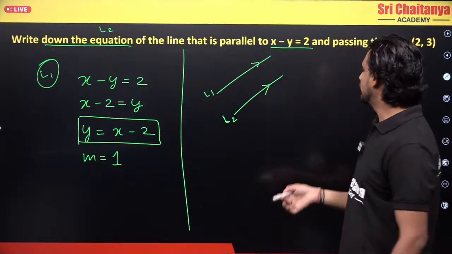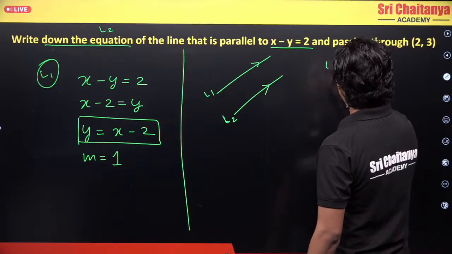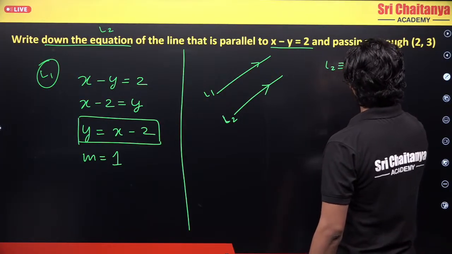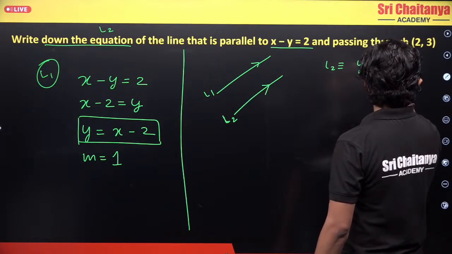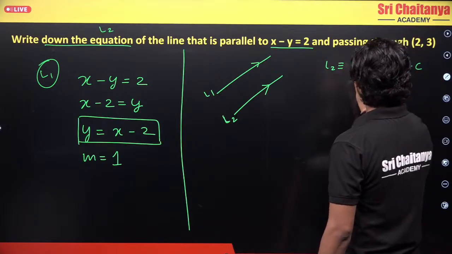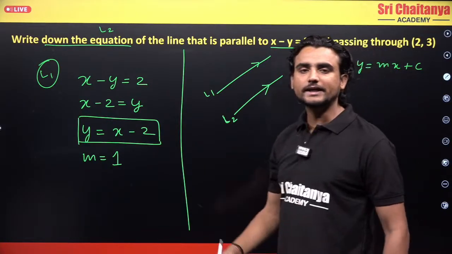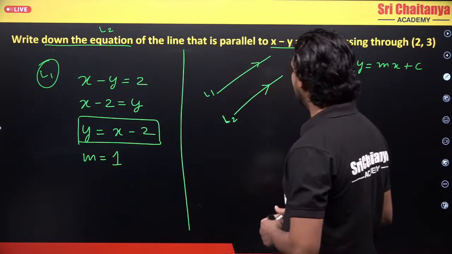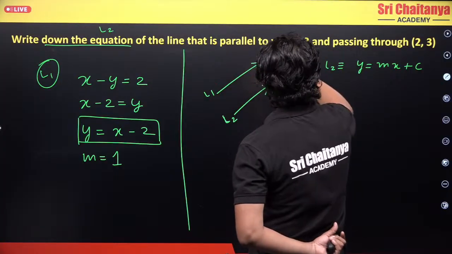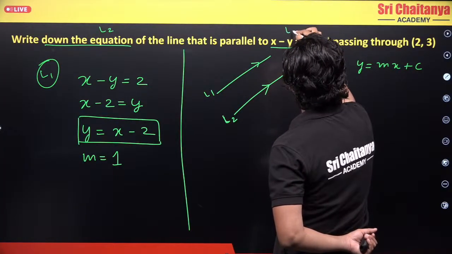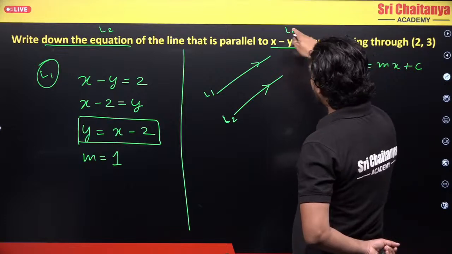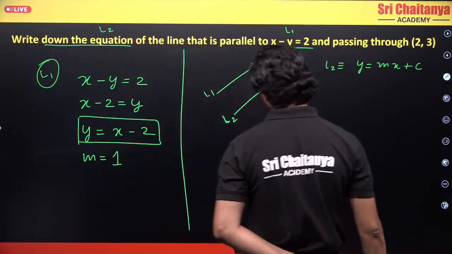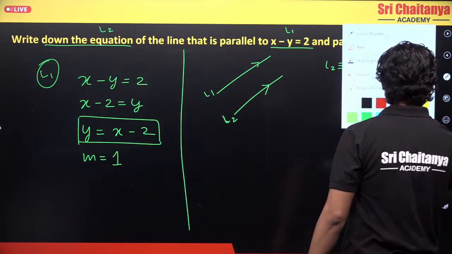So let's write the general equation. The general equation for line 2 can be given as y equals mx plus c. And what is the condition given for line 2? The condition given for line 2 is that it is parallel to x minus y equals 2. So this is my line 1. If line 1 and line 2 are parallel, what can I say?